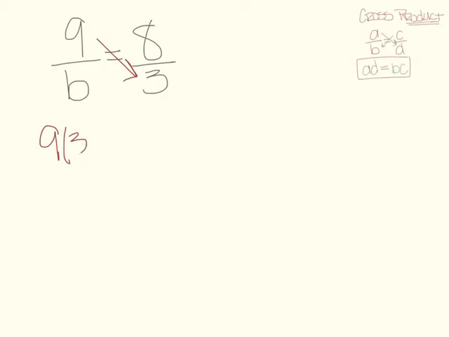Let's say that we have the proportion 9 over B equals 8 over 3. And we will apply cross product strategy. So I have 9 times 3 equals B times 8. 9 times 3 is 27.